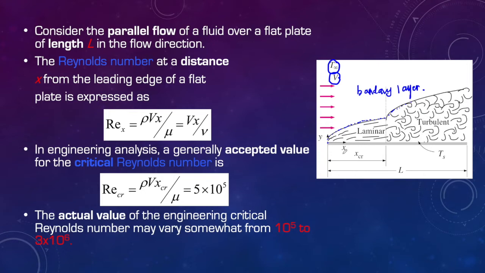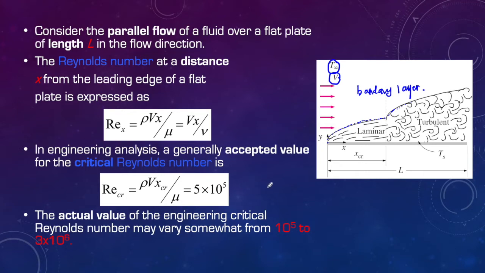This is after it reaches 5 times 10 to the power of 5, the critical Reynolds number for a flat plate, and it becomes fully turbulent flow.